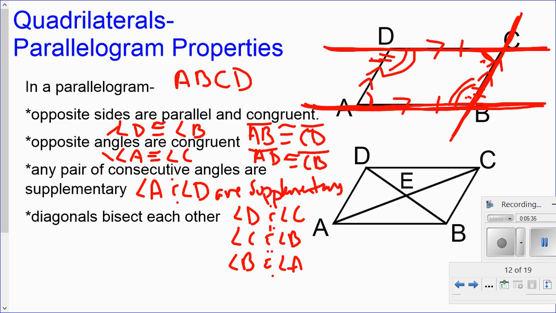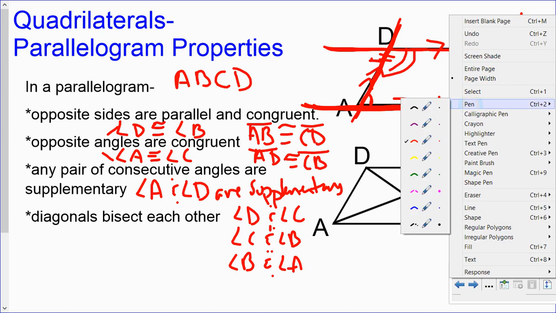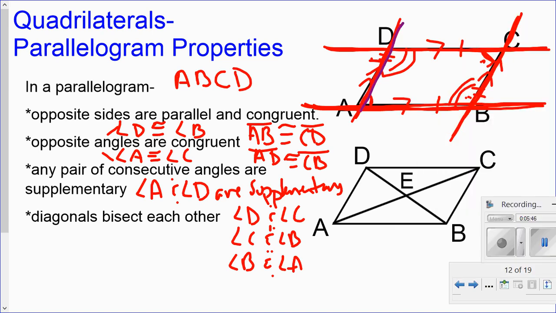Now, if I take a look at the other set of parallel lines, I think I'll change colors here just to make it a little easier to see. So if I'm looking at this set, the purple set of parallel lines cut by this transversal, we still have angles A and B. Angles A and B are on the same side of that transversal line AB that I just drew, and they're on the inside of the two parallel lines.